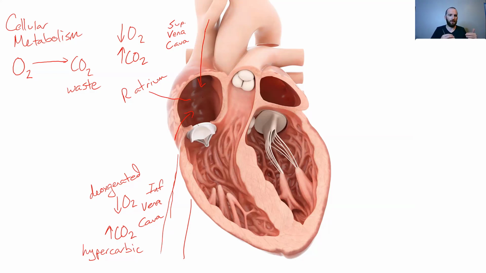So if your mind works on flashcards and you were doing functions of different structures, the function of the right atrium is to receive deoxygenated blood from the body and send it down into the right ventricle. So we've got our right ventricle.